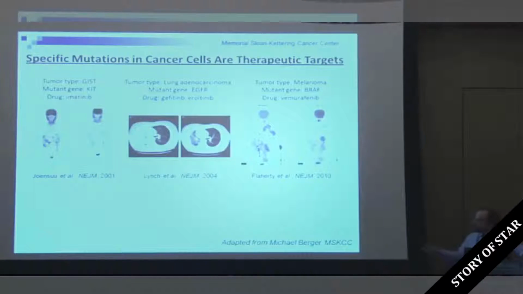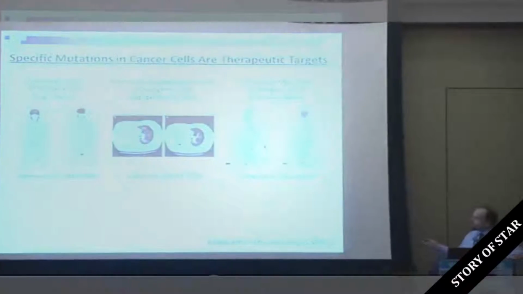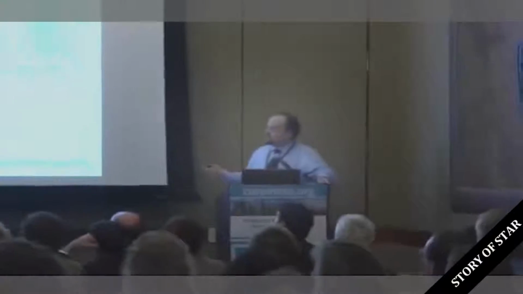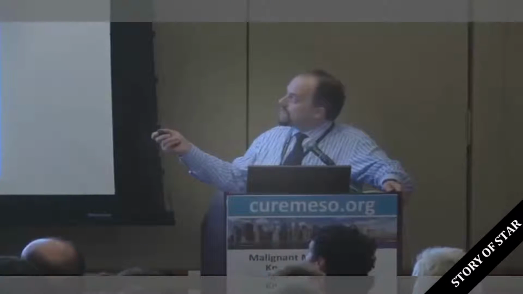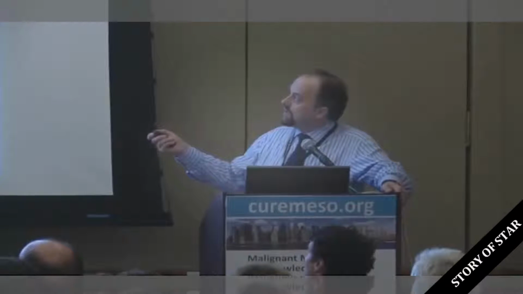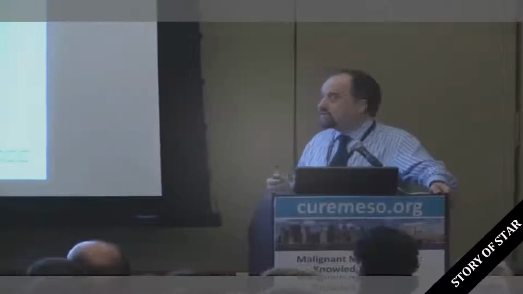And the research interest and the clinical interest in doing this, of course, is the example set in other cancers. In the gastrointestinal cancer called gastrointestinal stromal tumor, there are specific mutations in KIT, and there are dramatic responses to a KIT inhibitor, imatinib. In lung cancer in 2004, it was discovered that lung cancers that have mutation in the EGFR gene are very responsive to inhibitors of the EGFR gene.